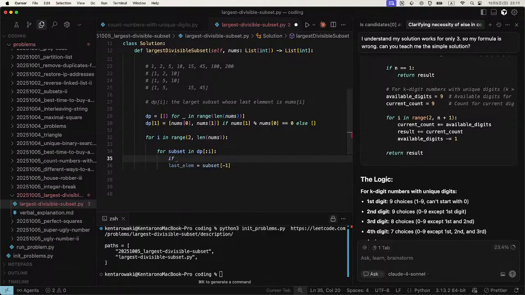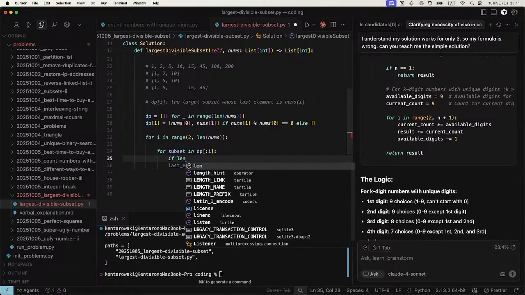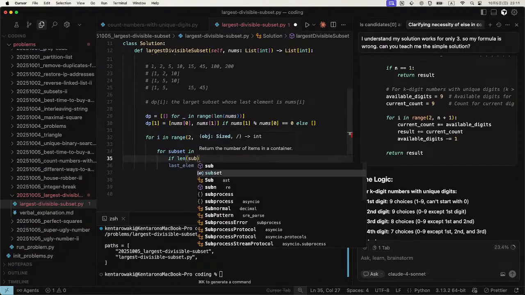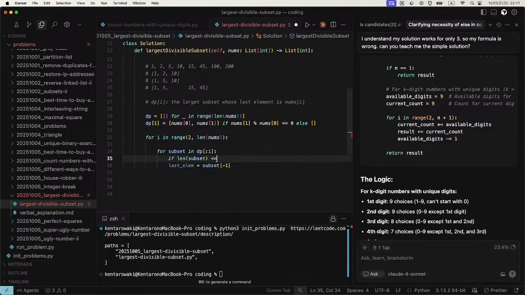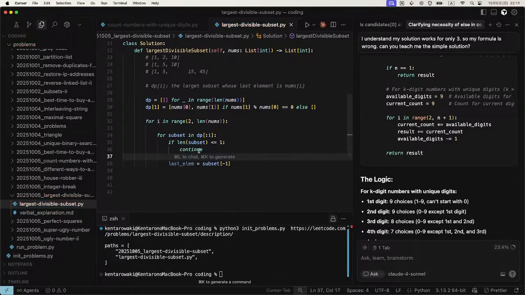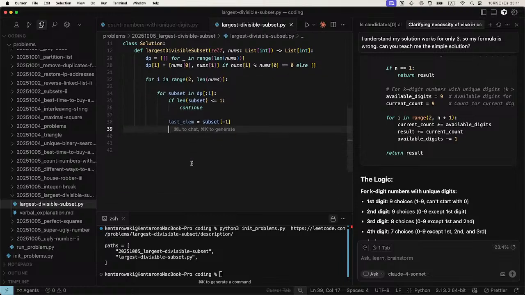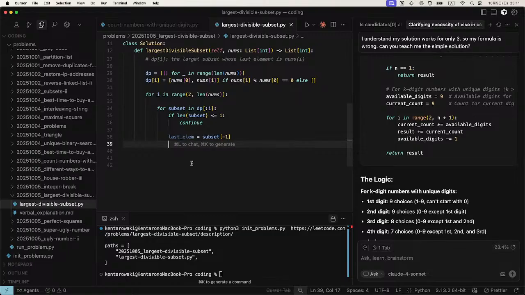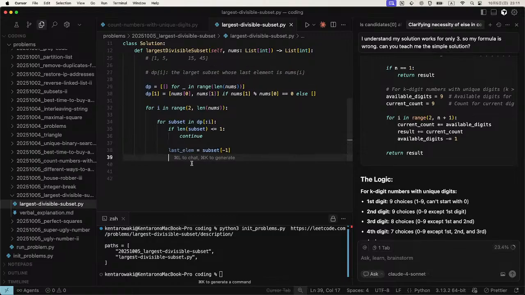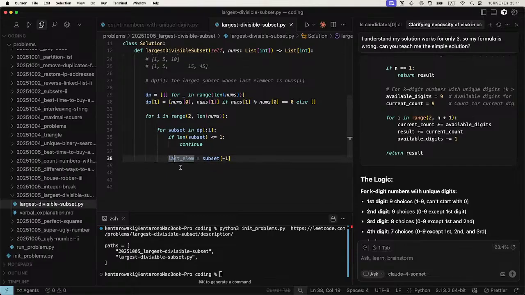If it's empty, continue, we do nothing. If it has at least one pair, we can get the last element. It's the largest element.